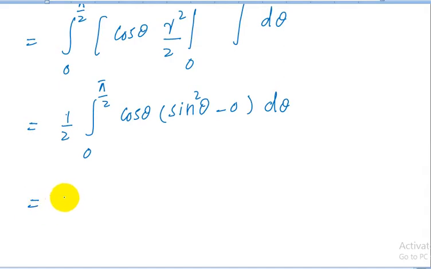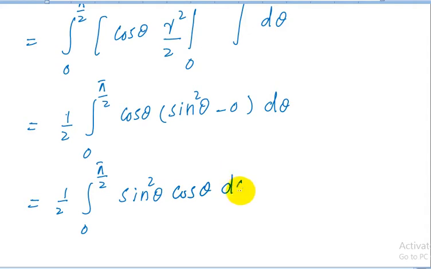In the next step, we can write it as 1 by 2, 0 to pi by 2, sine square theta cos theta d theta.